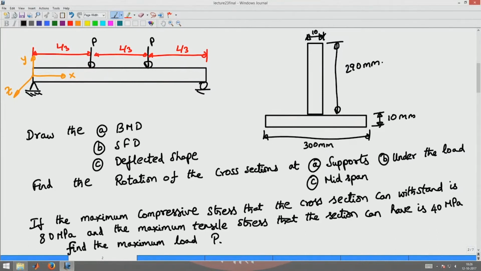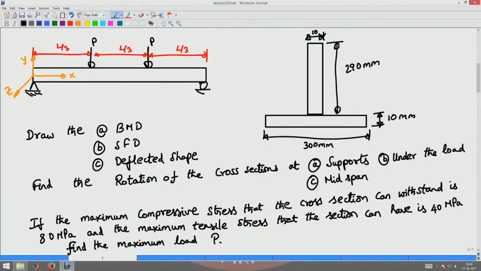With this as the dimensions of the cross section, we are interested in finding the maximum load P that can be applied, so that the maximum compressive stress does not exceed 80 MPa and the tensile stress does not exceed 40 MPa.